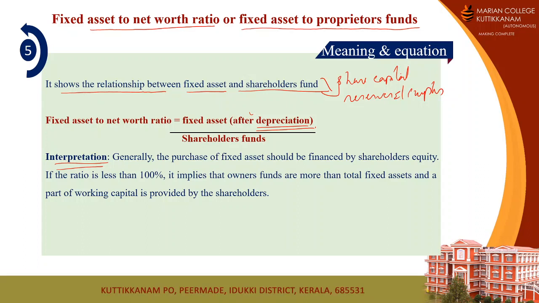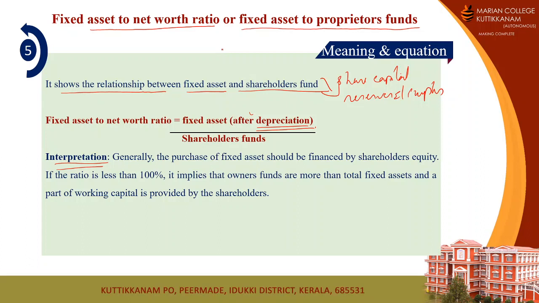So if the calculated ratio is less than 100%, it implies that the shareholders' funds are more than the total fixed assets, and also a part of working capital is financed from these shareholders' funds.